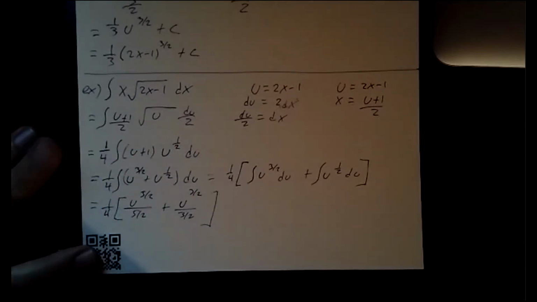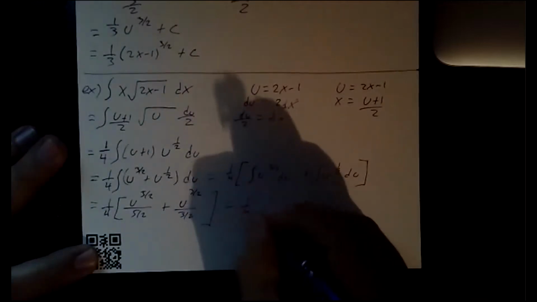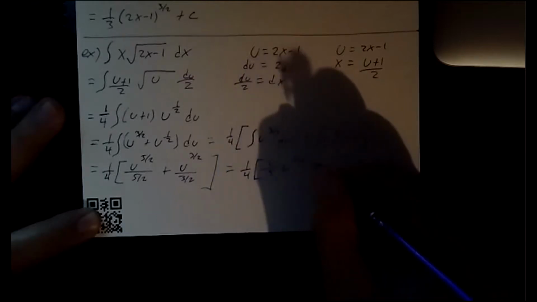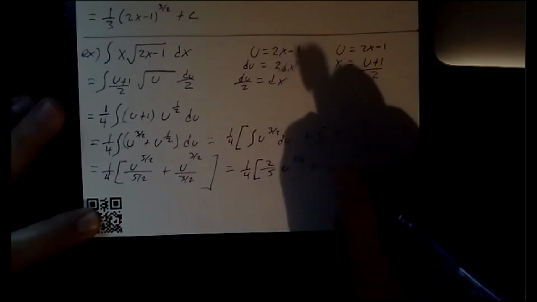That doesn't look pretty, but oh well. 1/4 times, flip over the 5/2, so that'll be 2/5 u to the 5/2 plus 2/3 u to the 3/2.